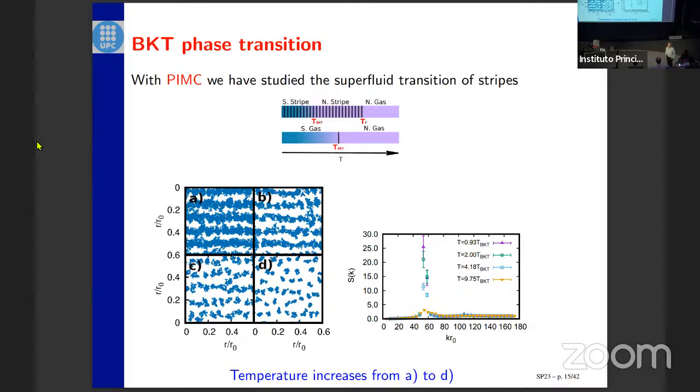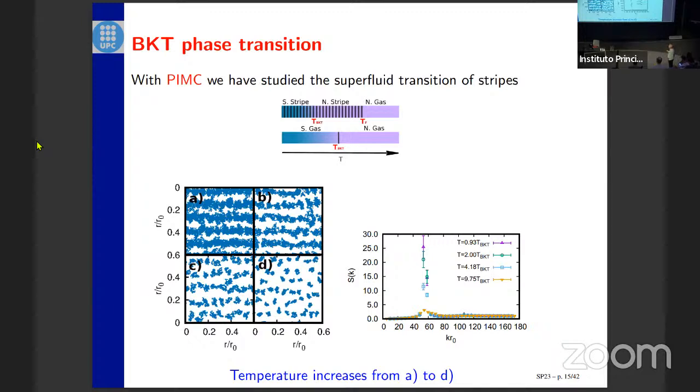When this happens, it means that you are in a super regime. If you increase a bit more the temperature, you look here, these interchanges practically disappear. There is still one here, but the stripes become isolated. If you increase even more, the stripes start to be destroyed, and finally you arrive at a gas.